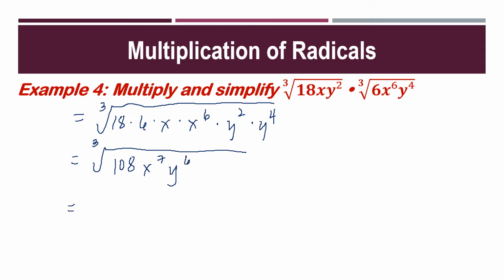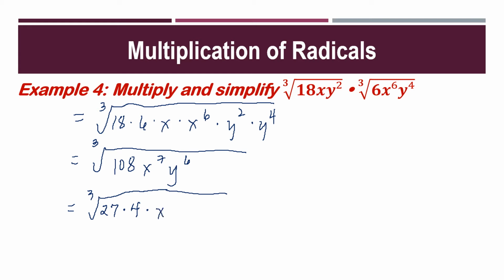So now we will think of a factor pair of 108 in which one of them is a perfect cube. The factor pair of 108, wherein one of them is a perfect cube, is 27 times 4. And then we will split x raised to the 7th power, wherein one of them is a perfect cube.